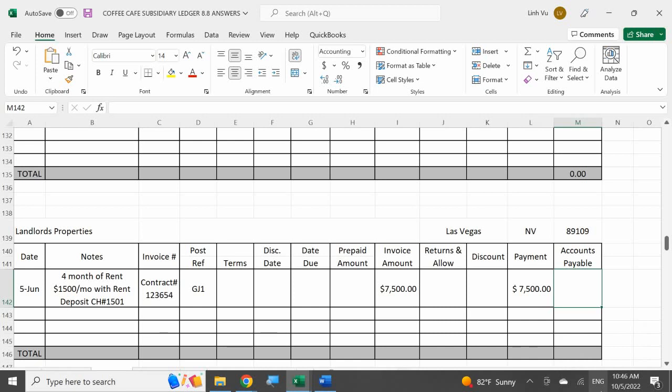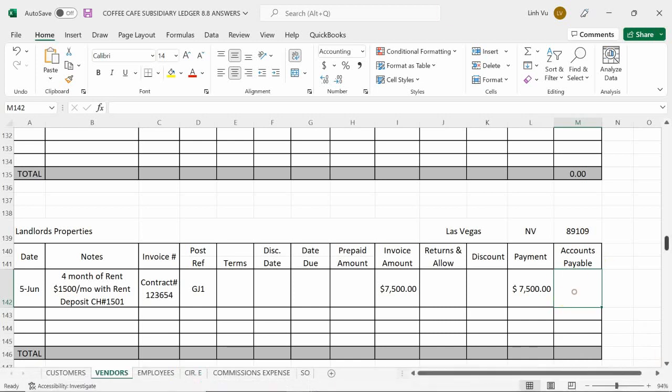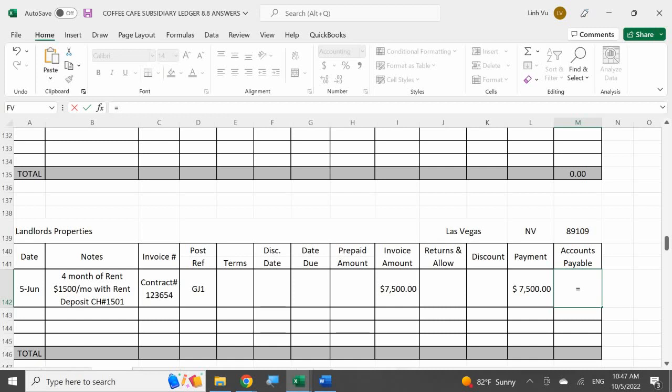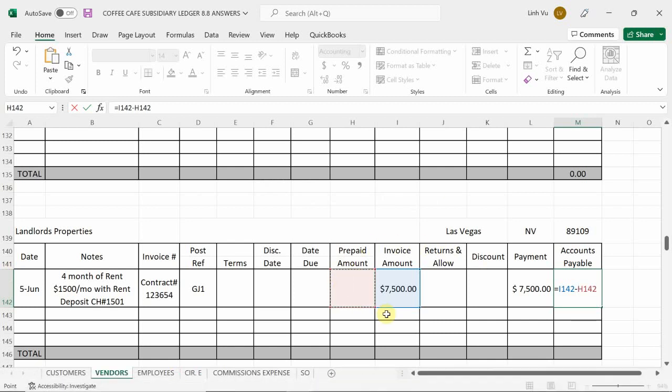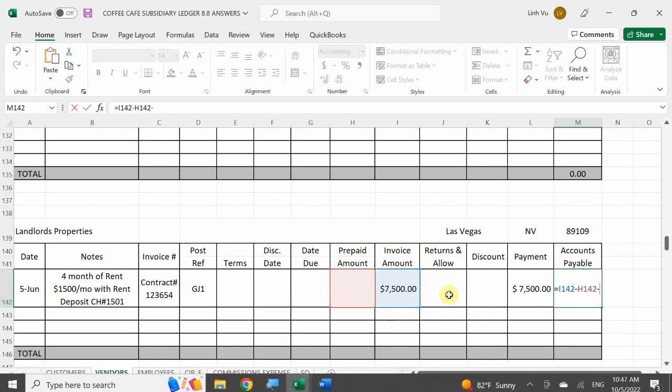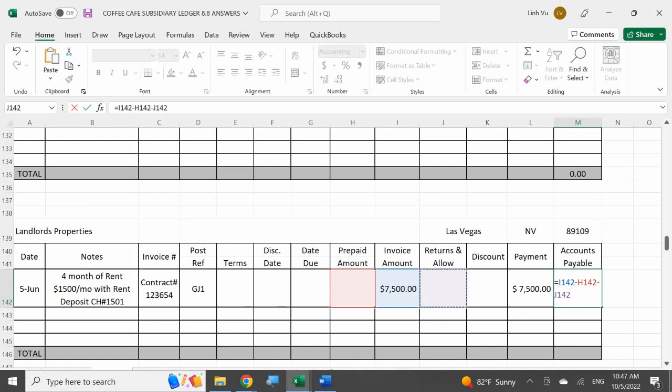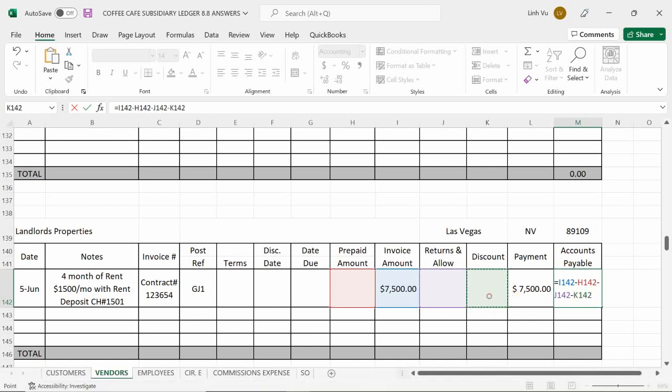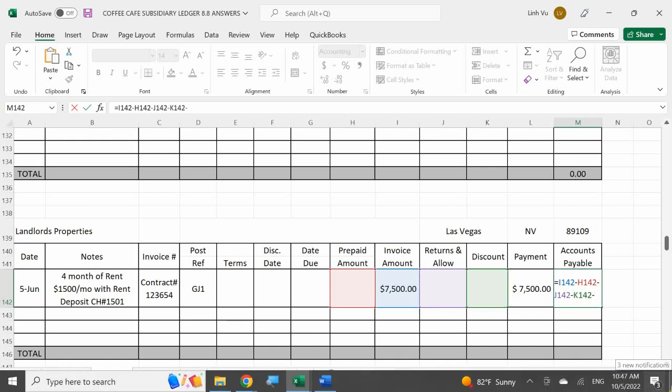Now, how I use this formula is I'm going to take my invoice amount, and anything that decreases my accounts payable or decreases my bill is going to be any prepayment. So a down payment will decrease your bill, right? If you end up getting a return, or a discount, and of course, if you end up making a payment.